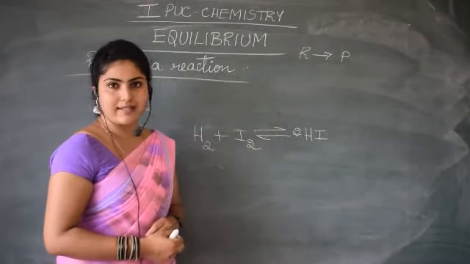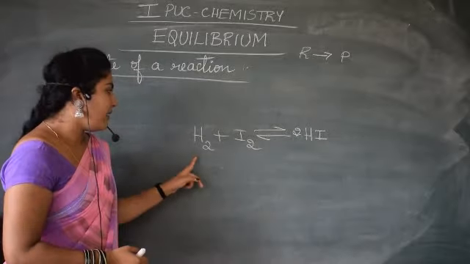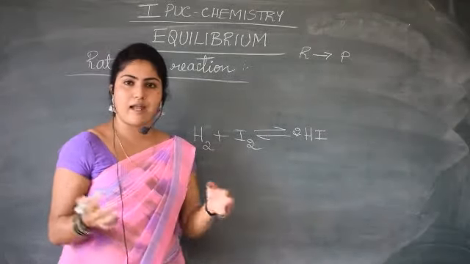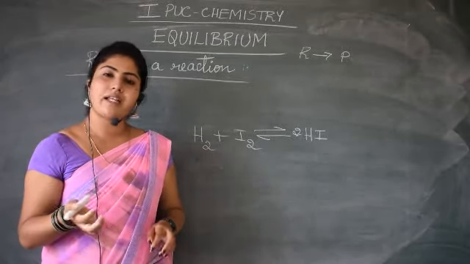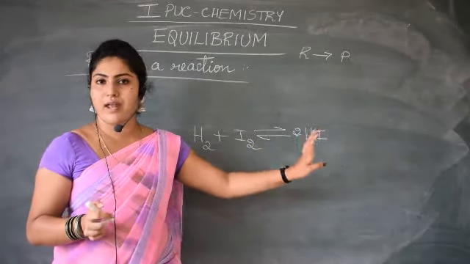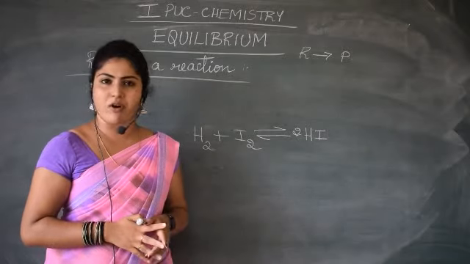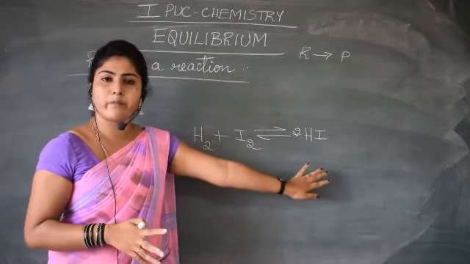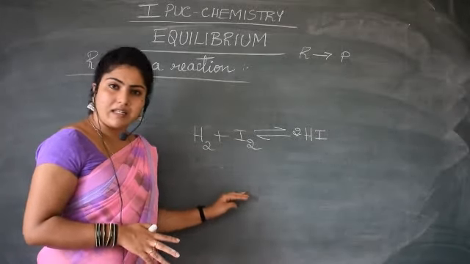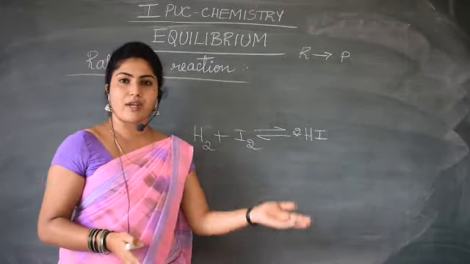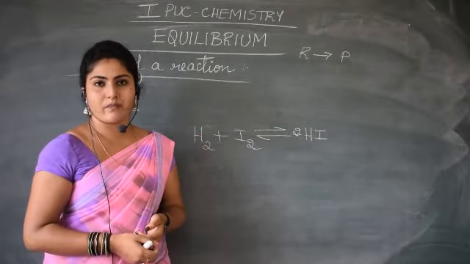Now let us take an example. What happens? Initially the hydrogen and iodine concentration will be high, isn't it? Then hydrogen iodide, initially no product will be formed, so the concentration is nil there. Gradually this concentration starts decreasing, whereas the concentration of hydrogen iodide starts increasing.